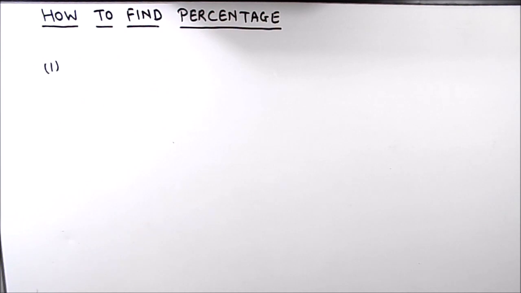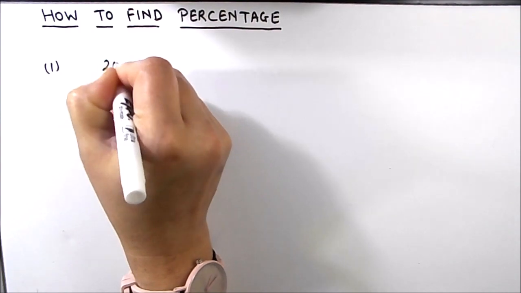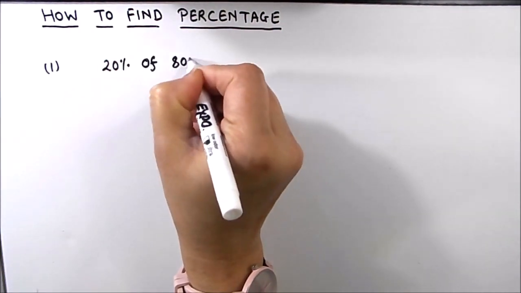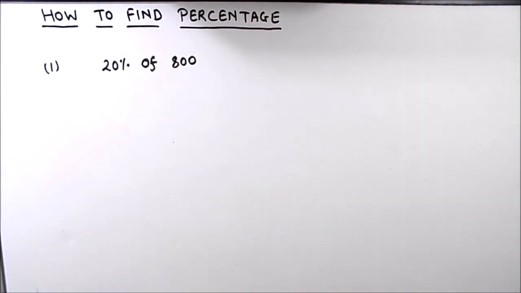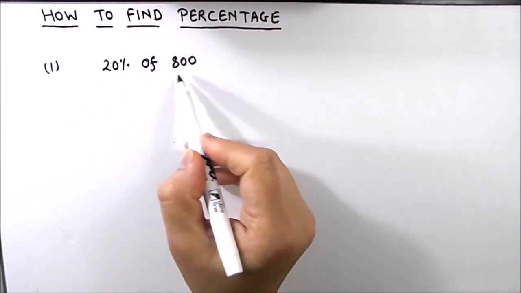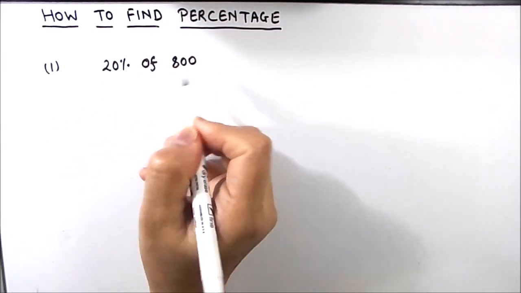I'm going to show you one more method where we can find percentage indirectly, without multiplying the numbers and without the use of a calculator. So let's find out 20% of 800. Let's pause and think about what 10% of 800 will be.